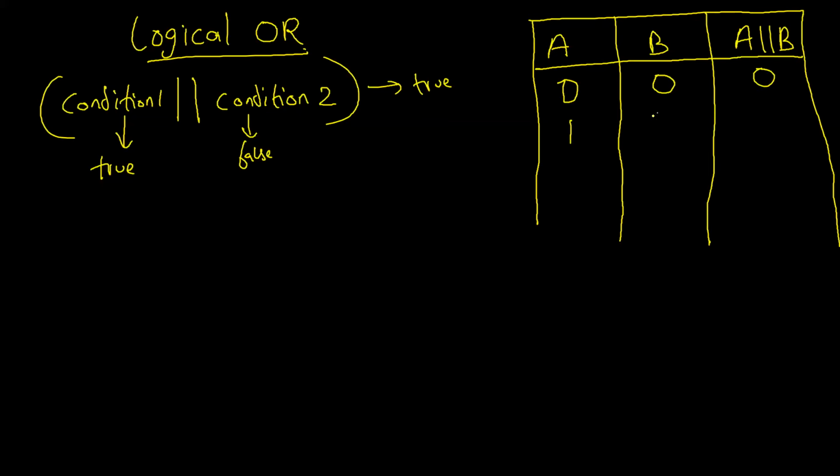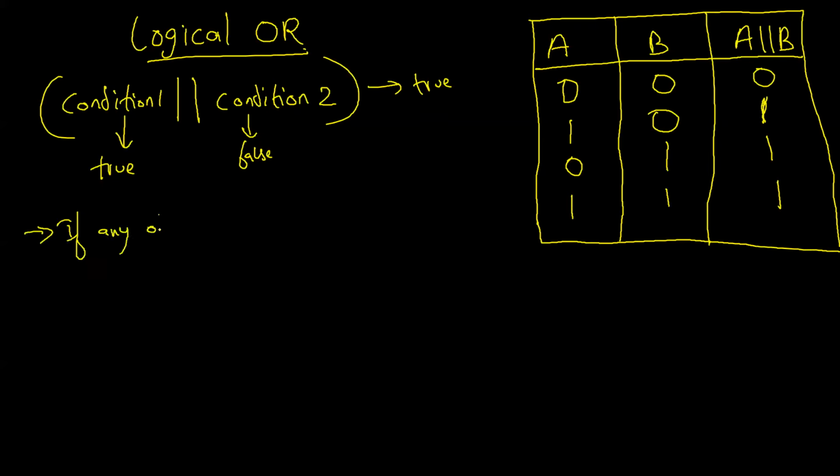If this is true and this is false, you'll get true. If this is false and this is true, you'll get true. If both of them are true, then it is true. So it is basically: if any of the conditions is true, the whole statement will be true. If both are true, obviously it will be true, right?